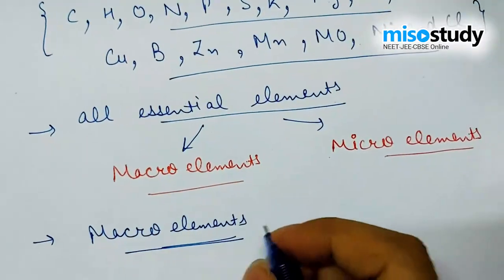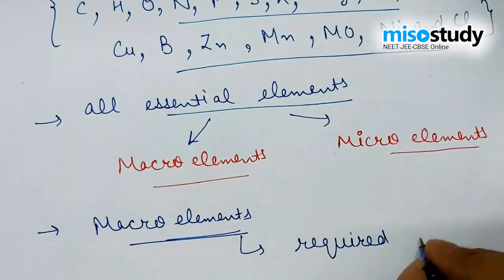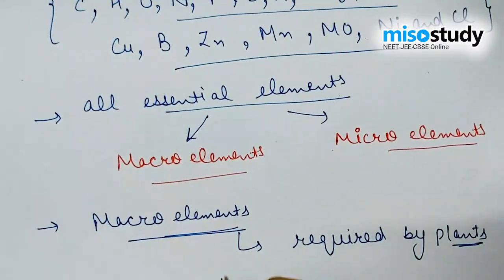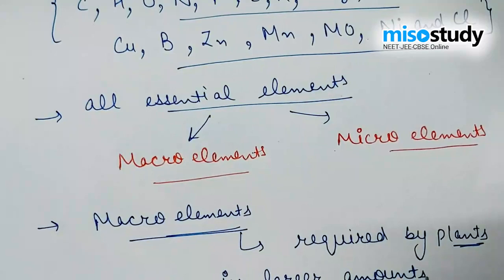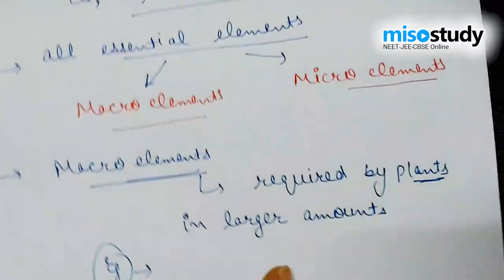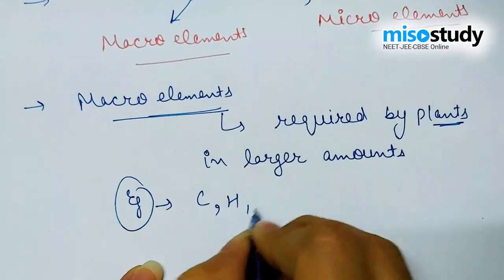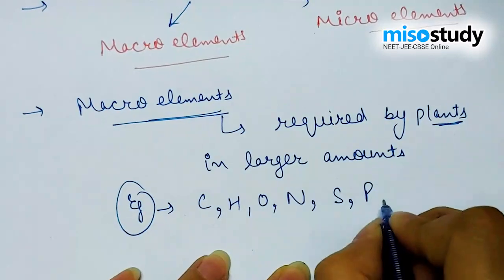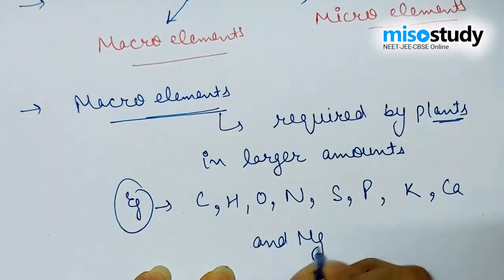Macro elements are required by plants in larger amounts as compared to the micro elements. Examples of macro elements are carbon, hydrogen, oxygen, nitrogen, sulfur, phosphorus, potassium, calcium and magnesium.